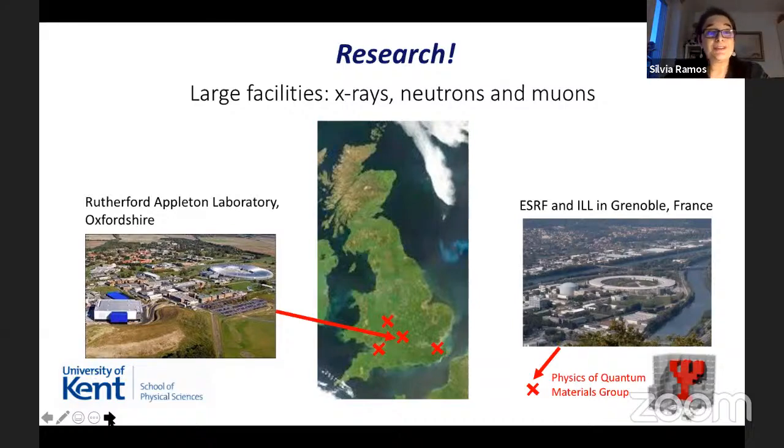But I also used the neutron and muon probes that are found in the building that has the blue sides on that same picture. So they are very likely places to work and to go and do experiments. And from there, I moved to Canterbury. So that has been the path that I have followed during my career.